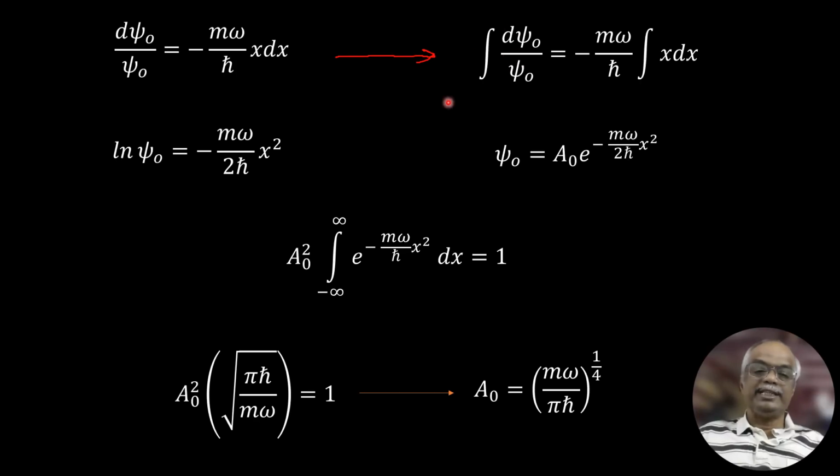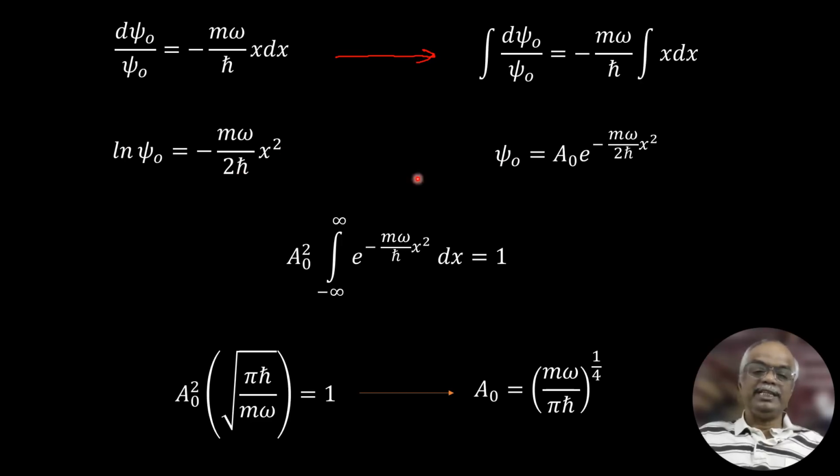Just integrate it. I have shown that integration here. If you integrate it, what will happen? If you integrate 1 over x, you will get the natural logarithm of x. So the left hand side is the natural logarithm of psi naught. Then if you integrate the right hand side, this will become x squared by 2. So minus m omega over 2 h-bar x squared.